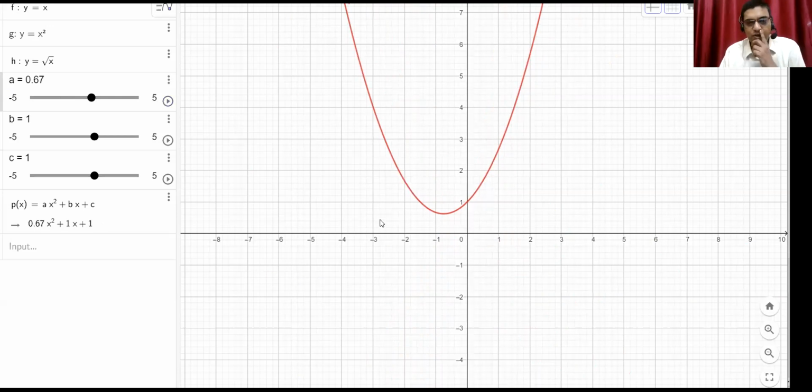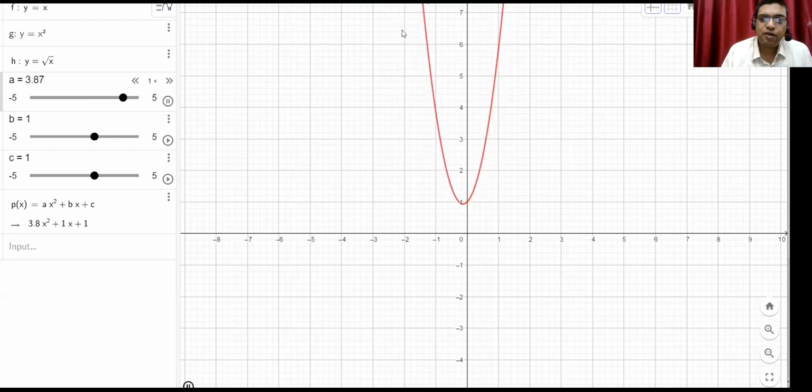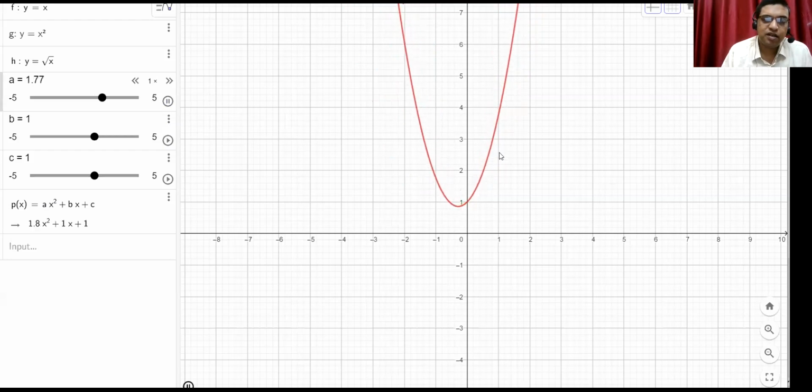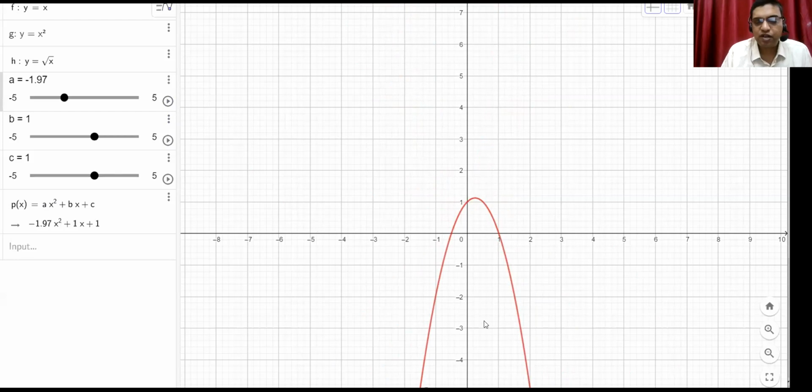When a is positive, this is ax square, right? So this term will dominate the sign of the function. As long as a is positive, you get the polynomial ax square plus bx plus c as positive. When a is negative, you get the graph like this.